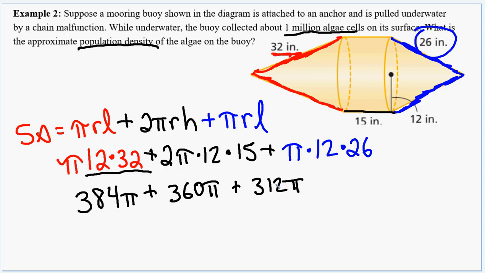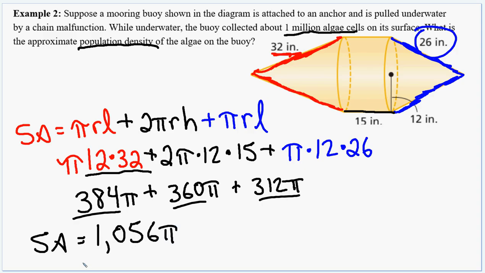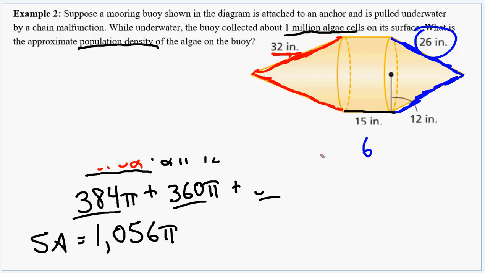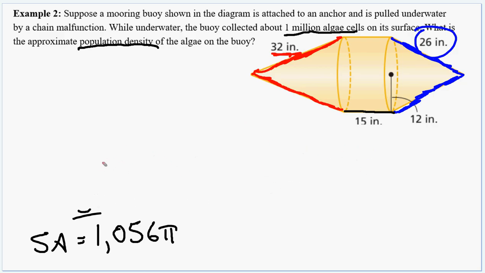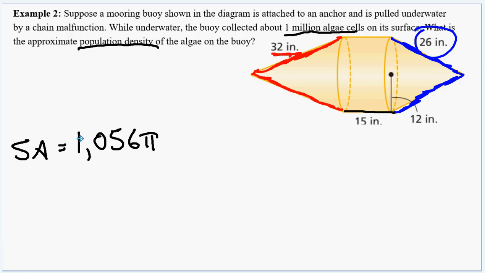That's 312 pi. So everything's in terms of pi. Let's add those all up. Our total surface area is 1,056 pi. Now, if you're excited and you stop there, remember, we're not done. We wanted the population density of algae on that surface area.